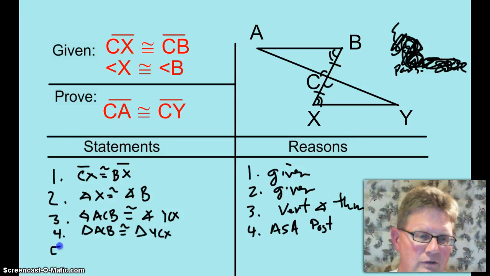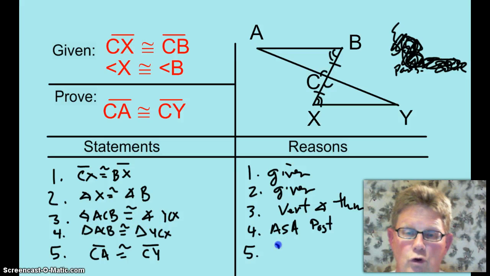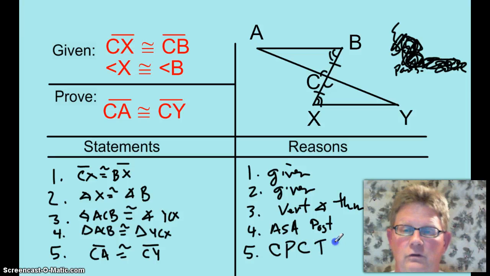And now we can say that CA is congruent to CY. Why? Because we've shown that the triangles are congruent, so corresponding parts of congruent triangles are congruent. CPCTC. 3 C's with a P and a T in the middle. Well, that's what I always like to say.